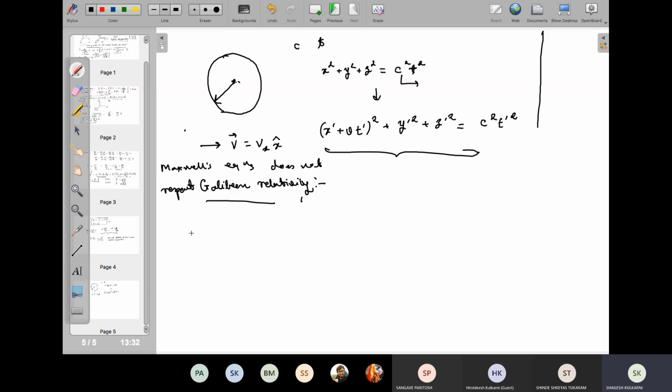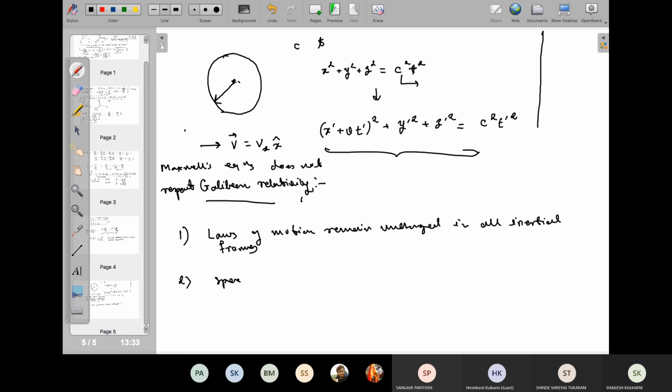Now suppose I have one rule, which is that the laws of motion remain unchanged in all inertial frames, and second, the speed of light is the same in all inertial frames.